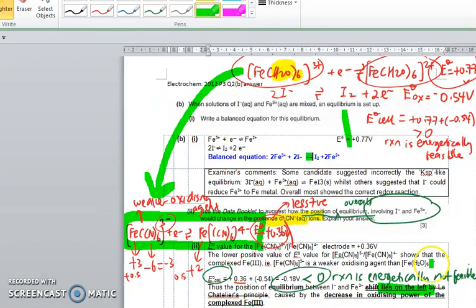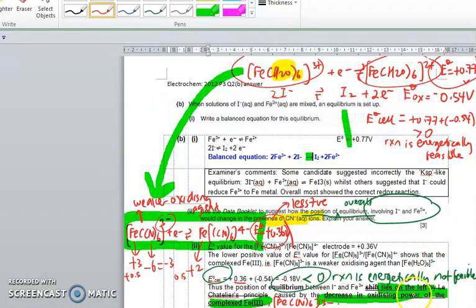The equilibrium lies on the left, towards the reactant side, towards Fe(CN)6 3 minus as well as I minus, meaning that the reaction is not feasible energetically. And this is caused by the reduction in the oxidizing power of the Fe3 plus ions complexed with cyanide. That means they're talking about this one, Fe(CN)6 3 minus.